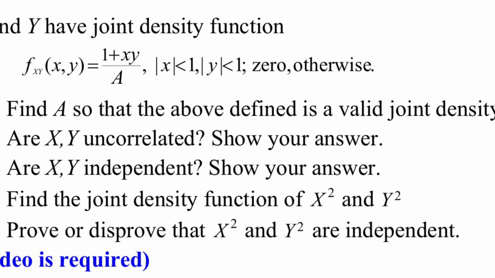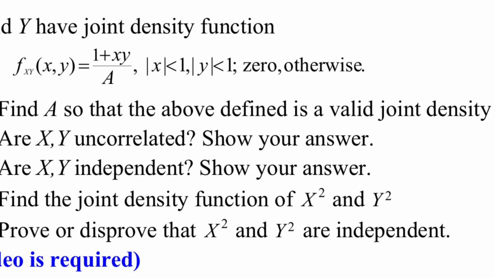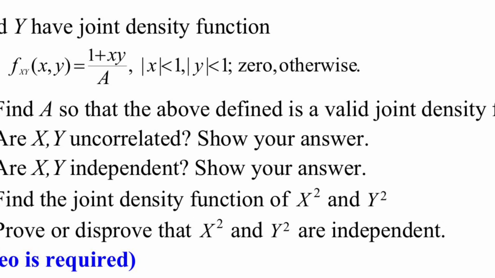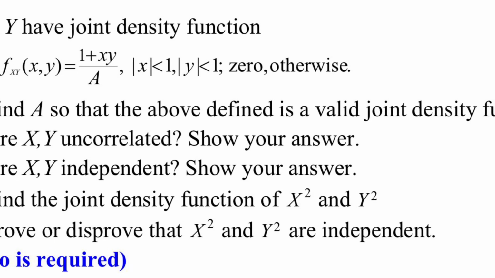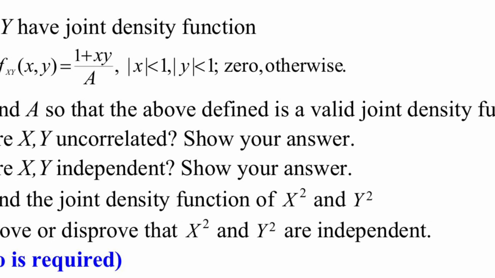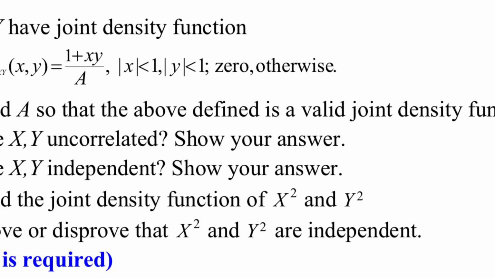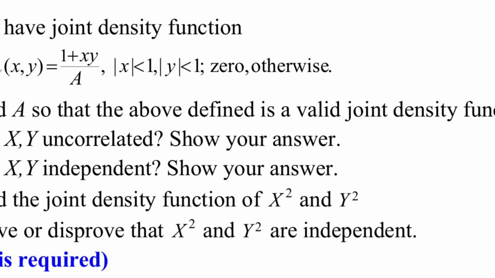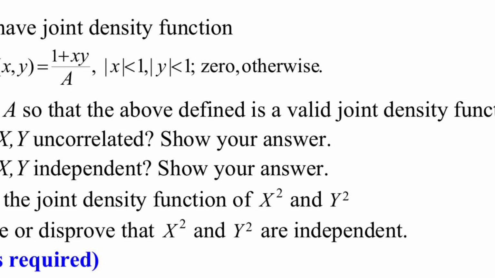And there are 5 questions. Question 1 is find capital A so that the above defined function is a valid joint density function. Question 2 is: are capital X and Y uncorrelated? Show your answer. Question 3 is: are capital X and Y independent?